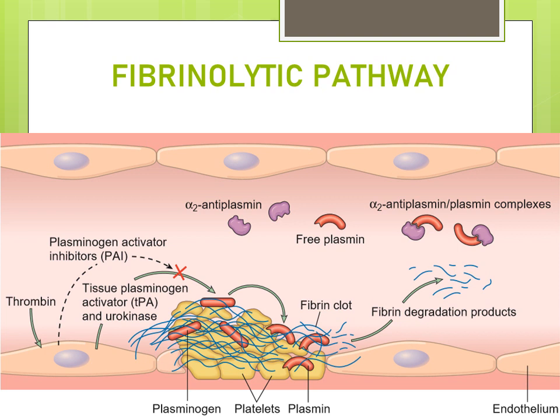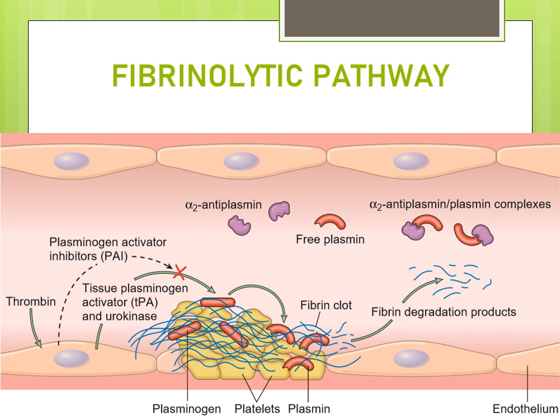Tissue plasminogen activator and urokinase can result in the activation of more and more plasminogen, so their function should also be inhibited. They are inhibited by plasminogen activator inhibitor, as denoted in the slide, and it is abbreviated as PAI.